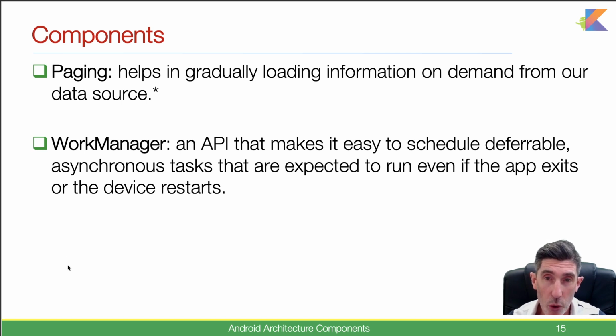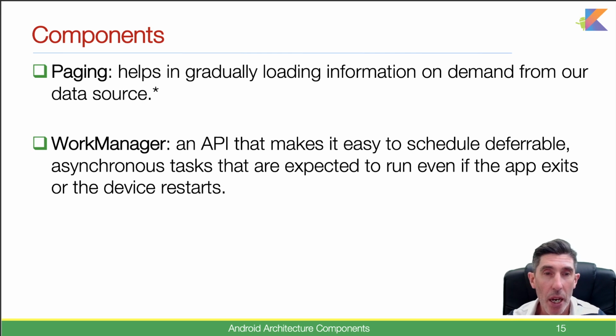And then finally, work manager, an API that makes it easy to schedule deferrable asynchronous tasks that are expected to run even if the app exits or the device restarts. So again, that would tie in with any kind of cloud-based data. If you want to run something in the background, this work manager component will give you a lot of functions that you just essentially use, as opposed to having to go off and write all your own asynchronous code in the background.